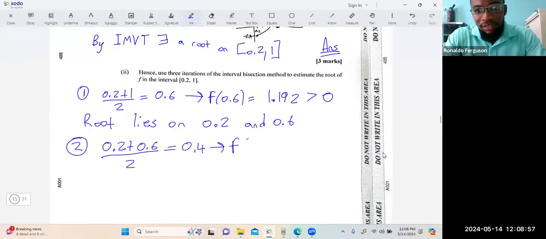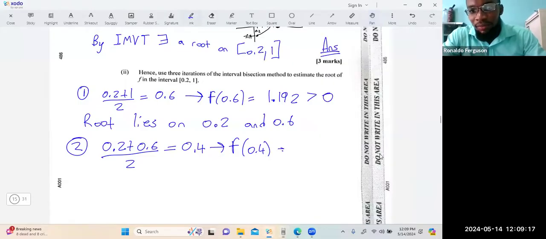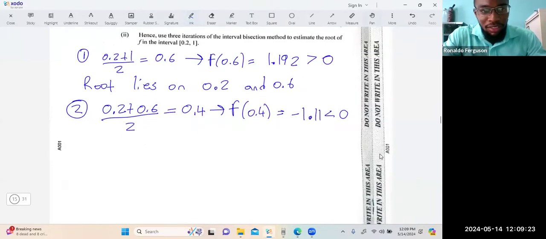Now we need to work out f of 0.4. That gives me negative 1.11, which is less than 0. That means the root lies between 0.4 and 0.6.